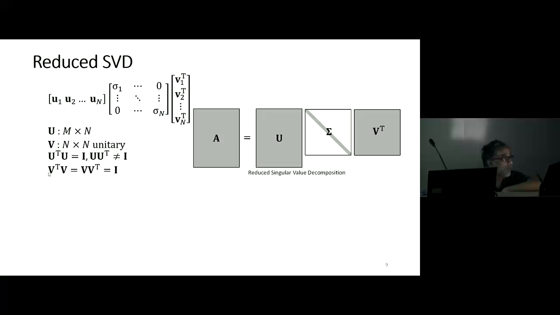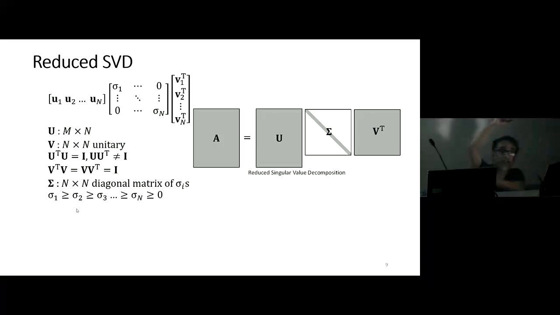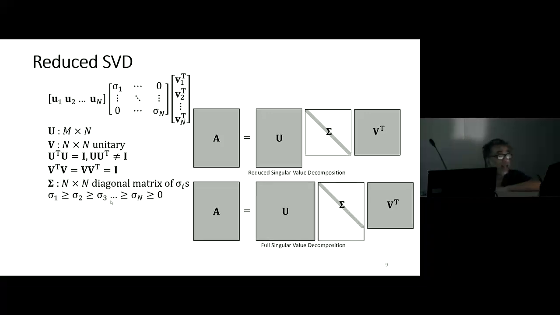And so U transpose U equals the identity matrix, but U U transpose is no longer the identity matrix. It's not even full rank. But V is still a unitary matrix, and sigma is a diagonal matrix, and all the diagonal elements appear in sorted order. This is the full SVD for comparison.